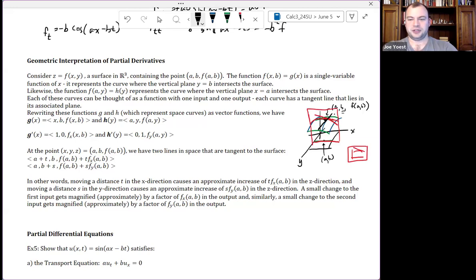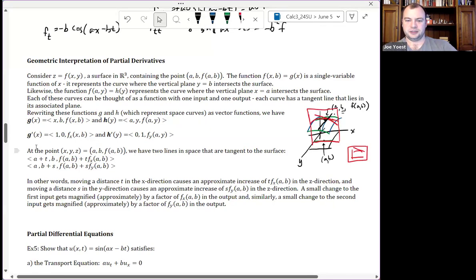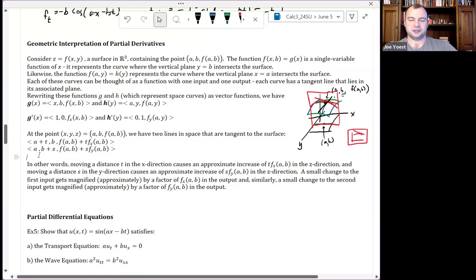We have two different lines in space, these two different tangent lines. They go through the point a, b, f of a, b, and they have direction vectors given by these directions, 1, 0, f_x or 0, 1, f_y.